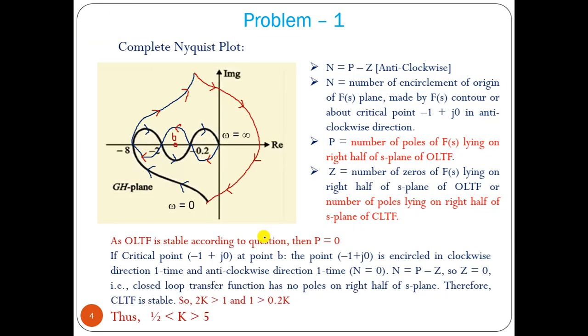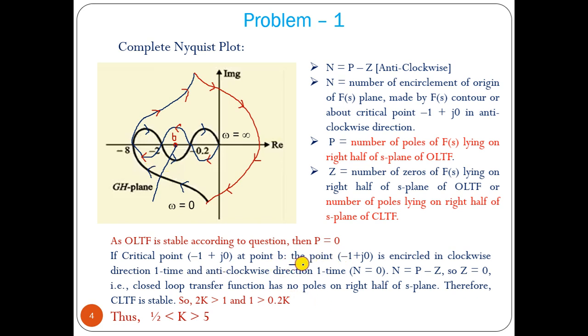Now if we consider point B, then if you consider the encirclement, this is one encirclement and this is another encirclement. So if you draw a line here, it intersects with these two lines of the Nyquist plot. This is anti-clockwise, this is clockwise.